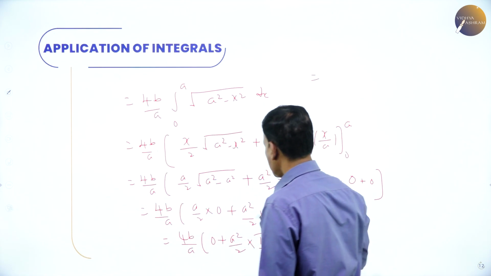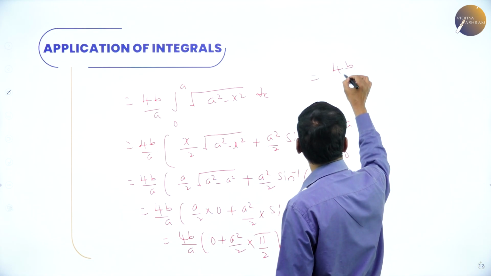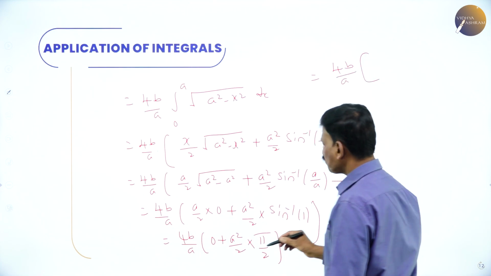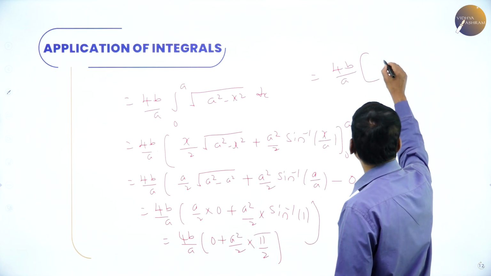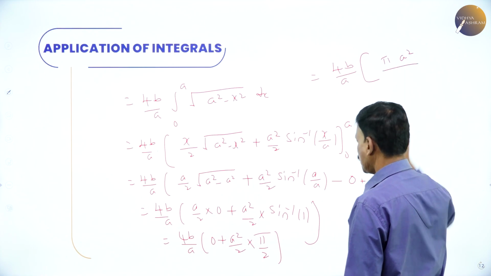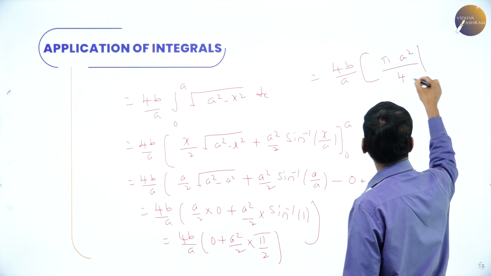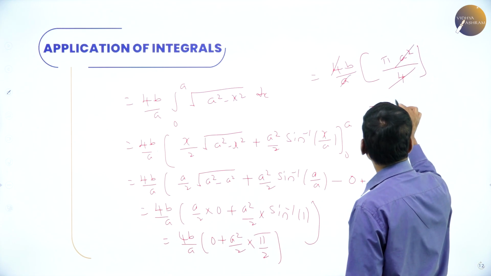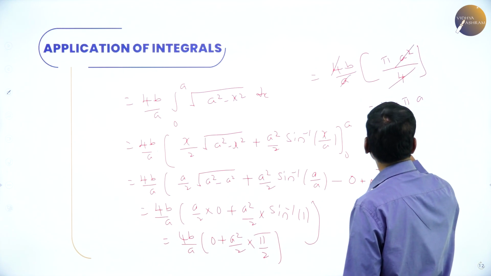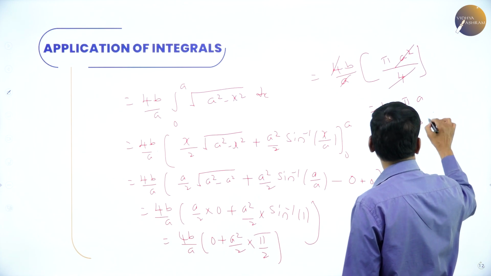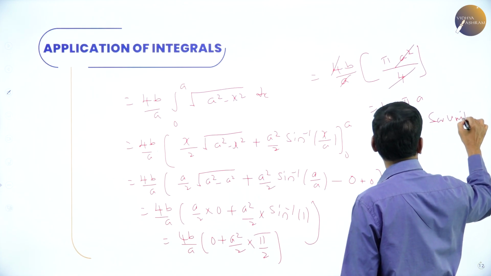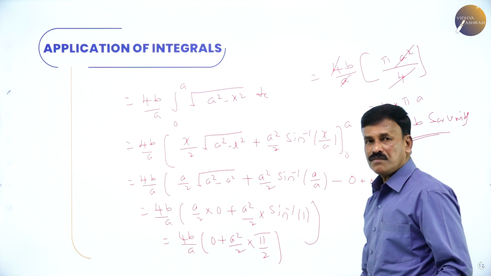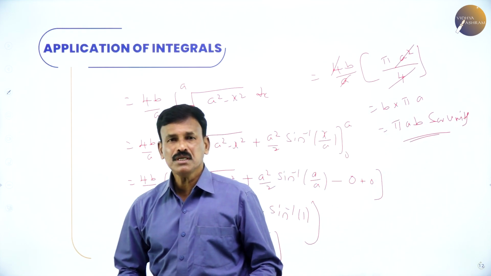This can be written as 4b by a into a square into pi, that is pi a square divided by 2, 2s are 4. Cancel the terms. 4 and 4 get cancelled. a and a get cancelled. B into pi into a, that's nothing but pi ab square units. So hence the area of an ellipse is pi ab square units.